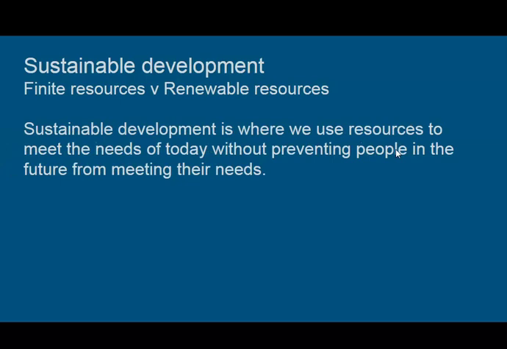Now, here is the chemistry definition of sustainable development. It's basically making sure that we're preparing for the future, for future generations, not just ourselves.